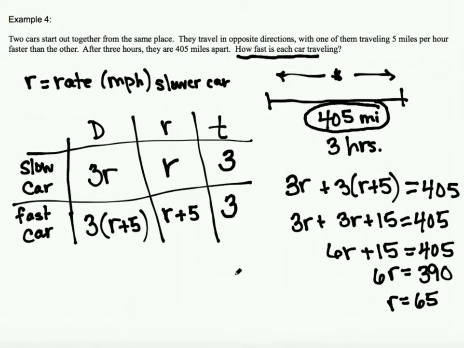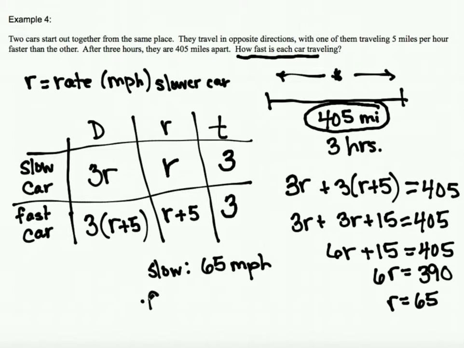So again, always go back and read, see what the question's asking for, and let's make sure we answer it. How fast is each car traveling? Well, we got R equals 65. R represented the rate of the slower car. So the slow car is traveling at 65 miles per hour.